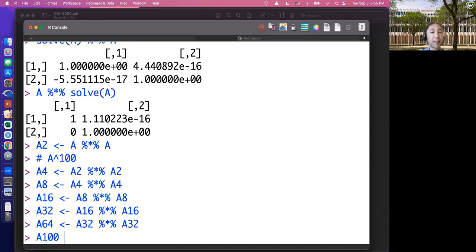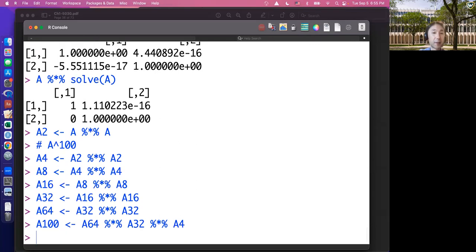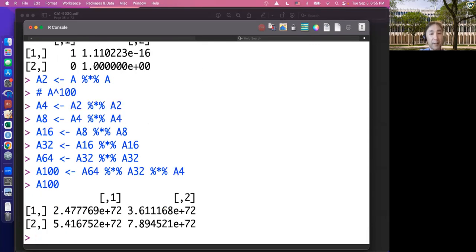So A to the 100th power is the A to the 64th power, and the A to the 32nd power, and the A to the 4th power. So that is A to the 100. It's an extremely large number, but there are several tricks even if we don't have an exponential function for matrix A.